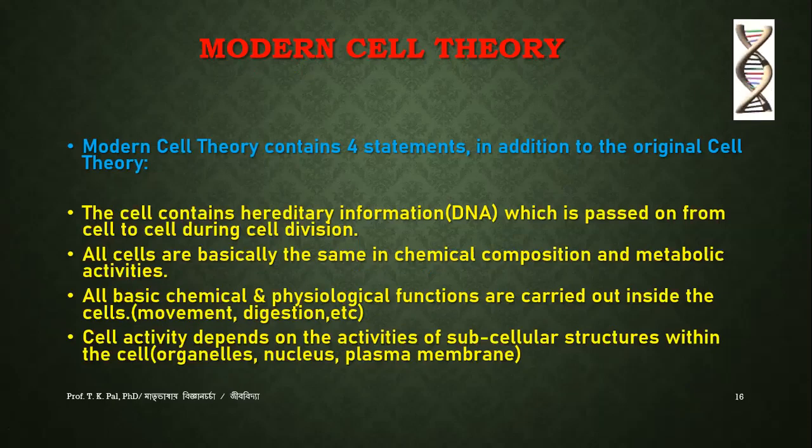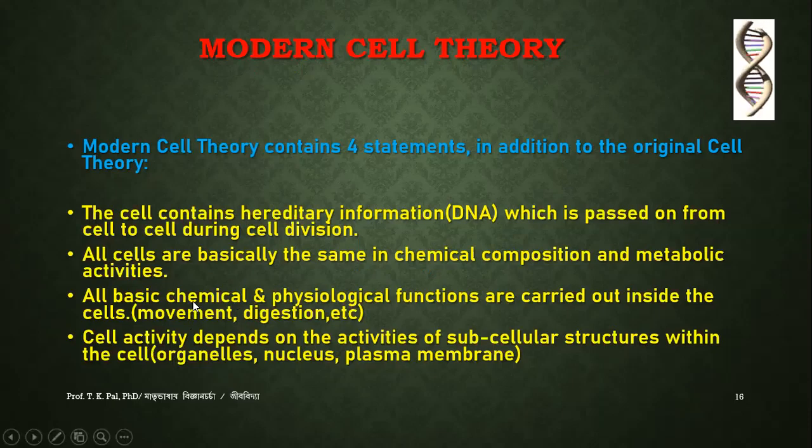Plants may produce food using sunlight. Animal cells perform other different kinds of activities, maybe secretory activity, maybe metabolic activity, everything. So all the basic chemical and physiological functions are carried out inside the cell.